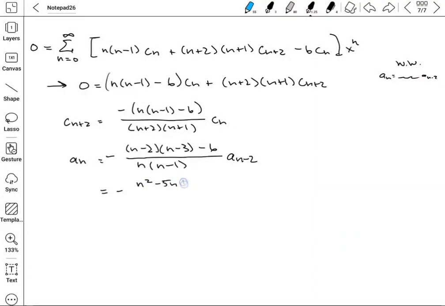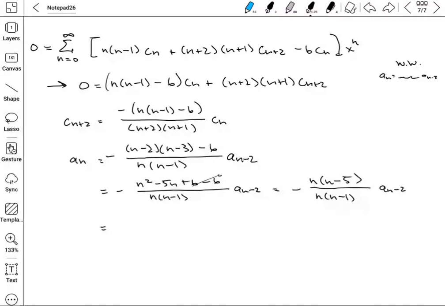I'm actually going to simplify it a little bit so that I have less stuff to plug in when I actually start evaluating numbers. So I'm just multiplying out my terms. I see that 6 and minus 6 cancel out, so then I can refactor it. And since I have an n in the numerator and denominator, I can also cancel those out.